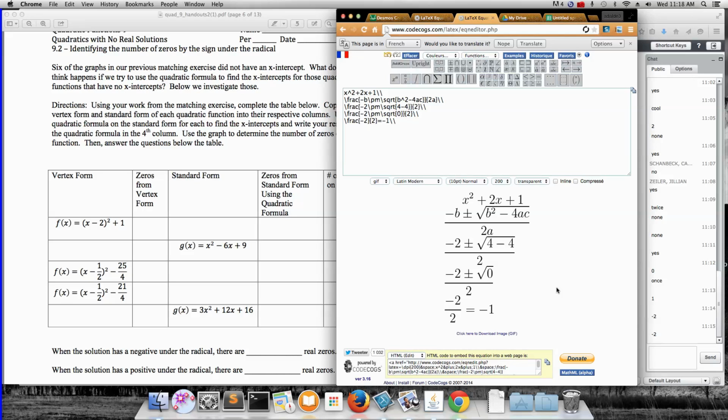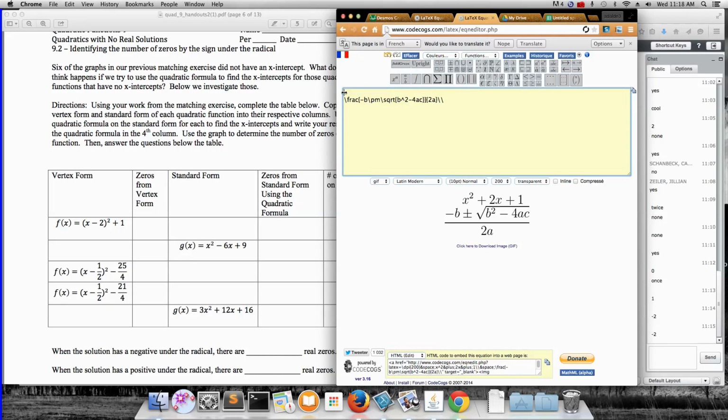To recap, I could have told you this, but I feel like we're better off exploring this stuff. What is the discriminant? The discriminant is simply the part of the quadratic formula inside the square root.